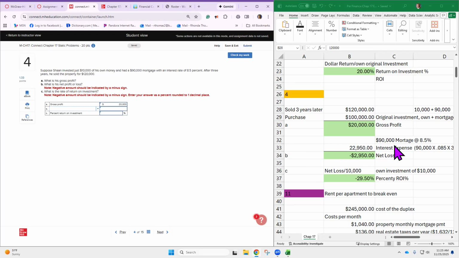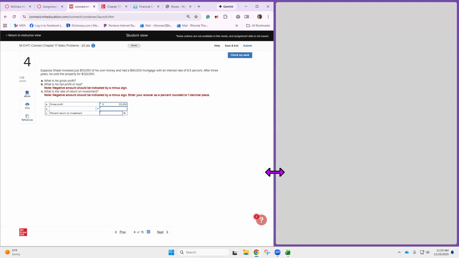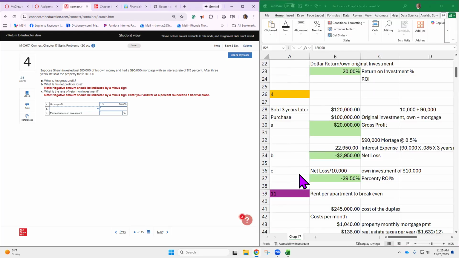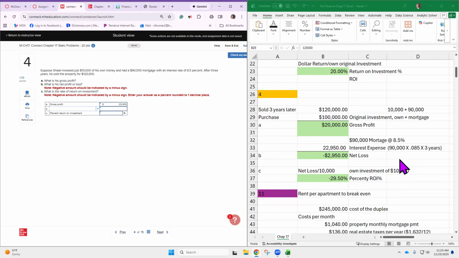So what you've got to do is take that $90,000 mortgage, right? And if you're being charged 8.5% interest per year, and he held on to that mortgage for 3 years before he sold it, we need to calculate the interest for those 3 years.